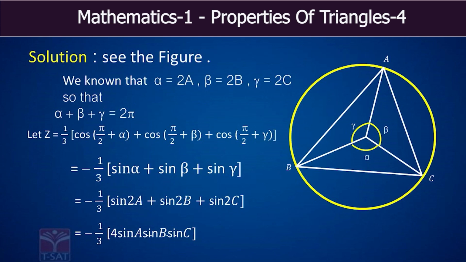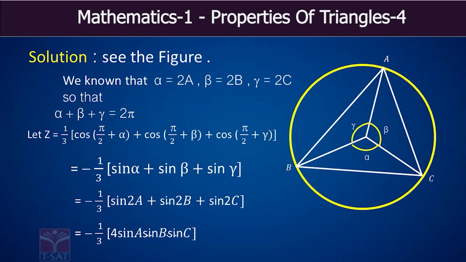We know that alpha is equal to 2A, beta is equal to 2B and gamma is equal to 2C, because in any circle, the angle subtended by a chord at the center is twice the angle made by the same chord at the circumference.